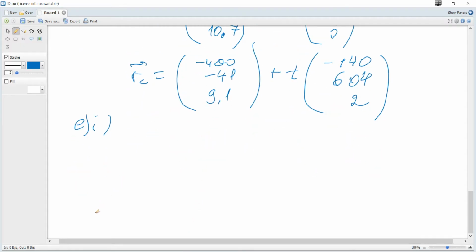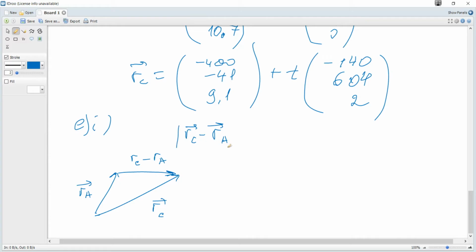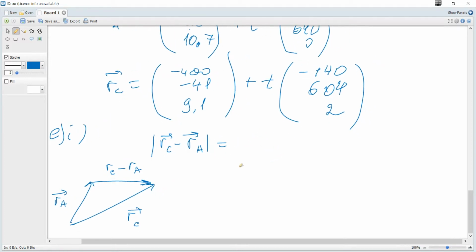So if RA is the position vector at any moment of time for A and RC is the position vector at any moment of time for C, we can see the distance between two aircraft can be represented as the difference of two position vectors, RC minus RA as a vector, or RA minus RC, it doesn't matter, and the magnitude of this vector gives the distance between two aircraft, and we need this distance to be 10 kilometers, and we know that the magnitude of a vector is the square root of the sum of squares of its coordinates.